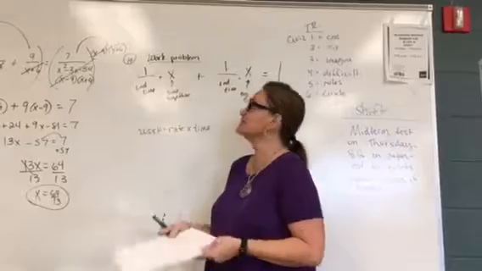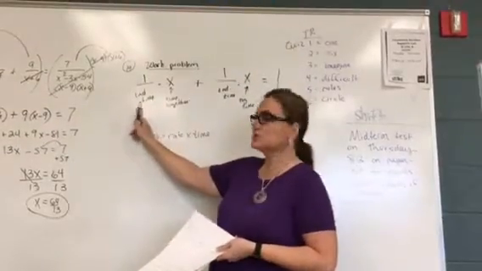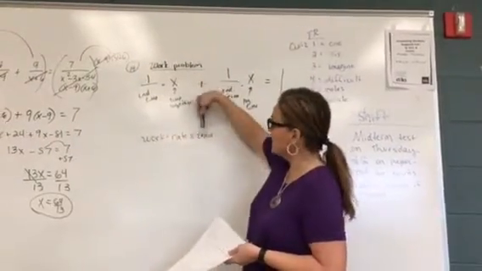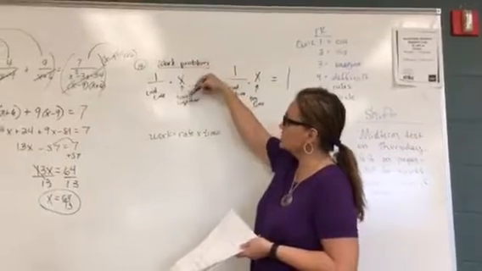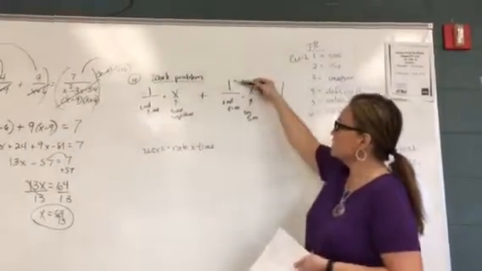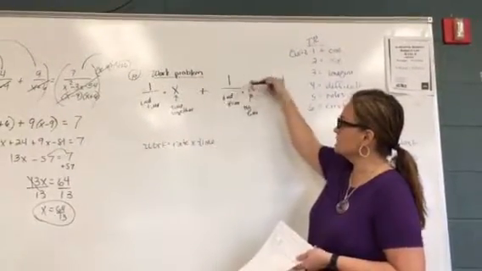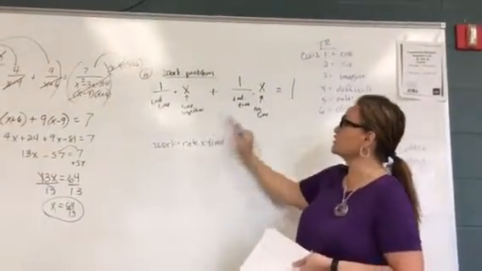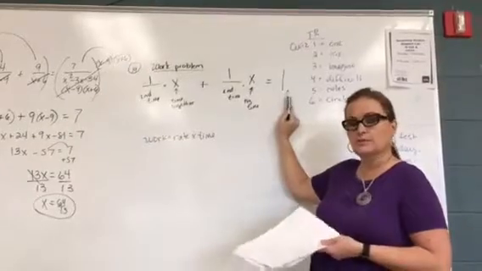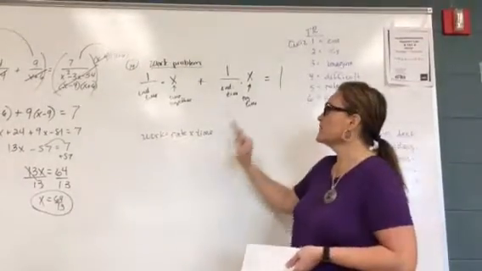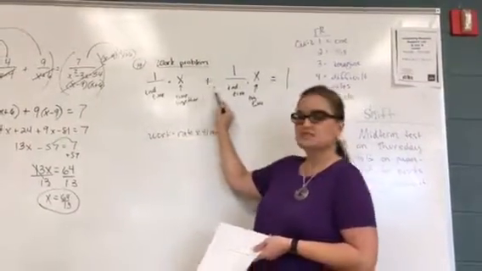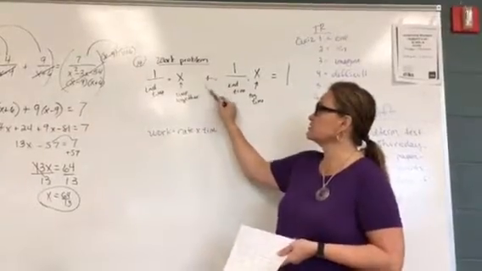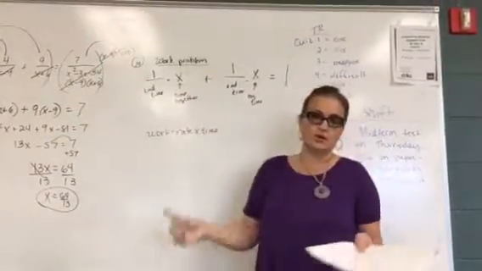I think we're in minutes. So 1 over the individual time times the time together, how long if they work together, plus 1 over the other individual time times the time together. And if there would be a third person, you'd put it over there. But we try to equal 1 job completed. Now, in this case, they're working against each other, so I'm going to change it to a subtract. This is the format if they're working together.